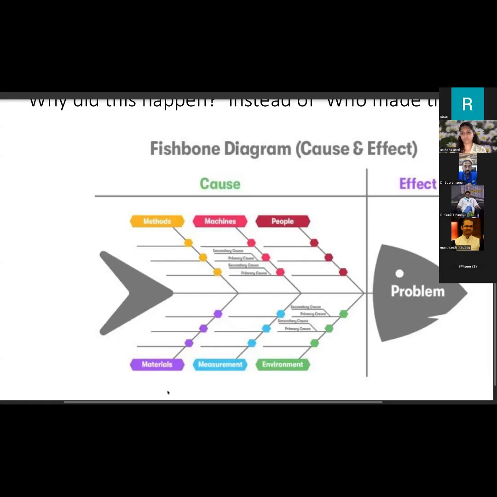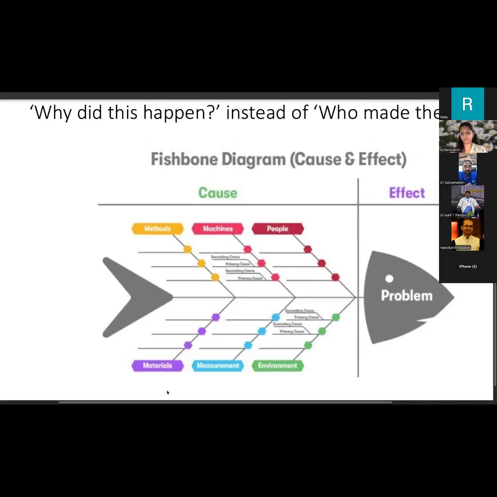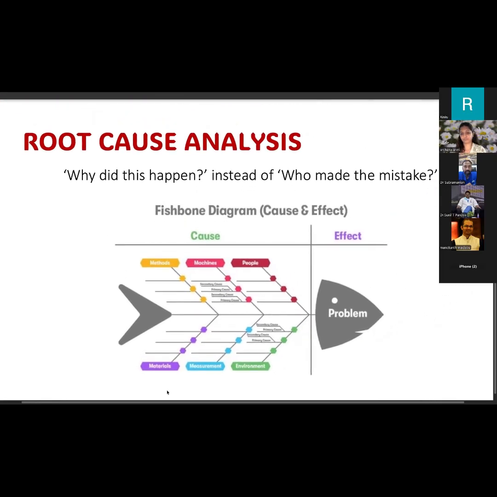Is it because of equipment? Is it because of the people around, or because of communication, or any other? Like the six main causes this fishbone diagram tells us. We should question in those different aspects and systematically explore each category, so that we get multiple contributing factors rather than just pointing at an individual.